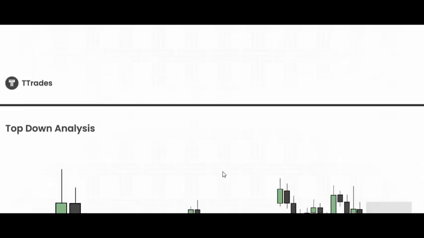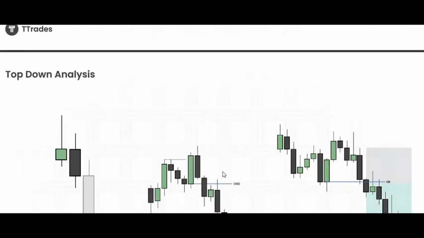So I want to talk about the time frames in which you need to align your trades when you are trying to use your model. You have top-down analysis, so you have what we call bias. Bias is the direction of the market.